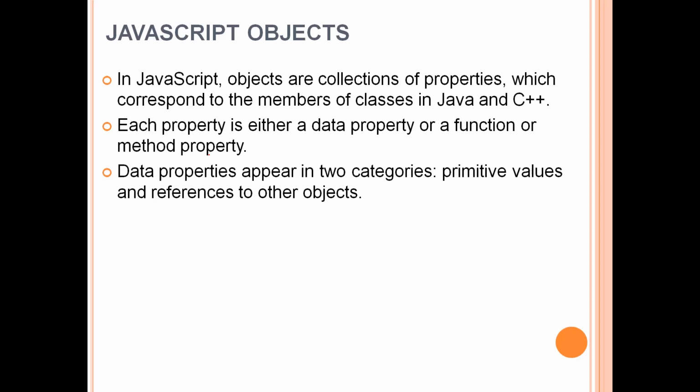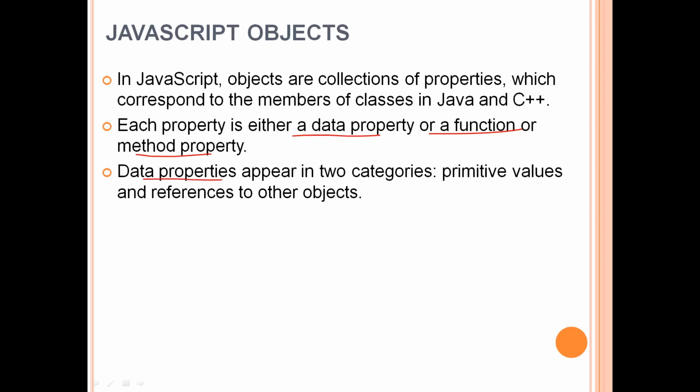As I've said, in JavaScript we cannot separately declare classes, so directly we can have objects with these properties and methods. Each property is either a data property or a function or method property.